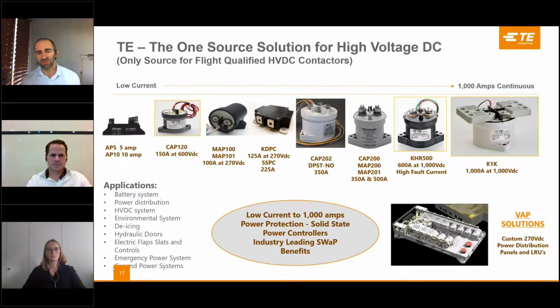So this is very important, again, for this domain, that we have the right components for aerospace that perhaps cannot be found elsewhere. But we, again, have a broad breadth of current and voltage applications and experience in this, from power distribution to low voltage as well. And we do create some value add solutions of power distribution units as well that we have on various aircraft flying today. Next slide.